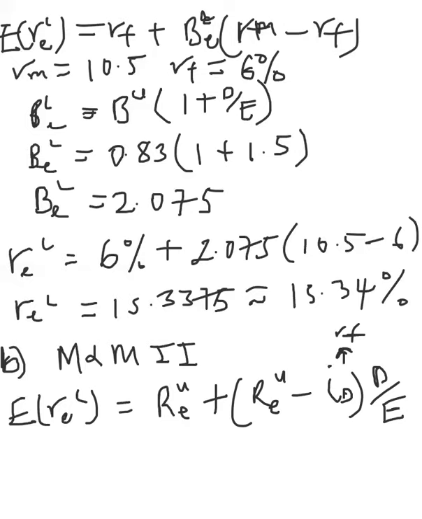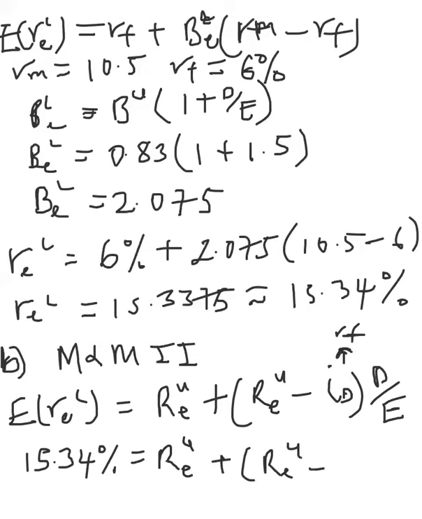So I can say 15.34% is equal to RE of U plus RE of U minus the risk-free rate of 6%, into bracket the debt to equity ratio of 1.5.